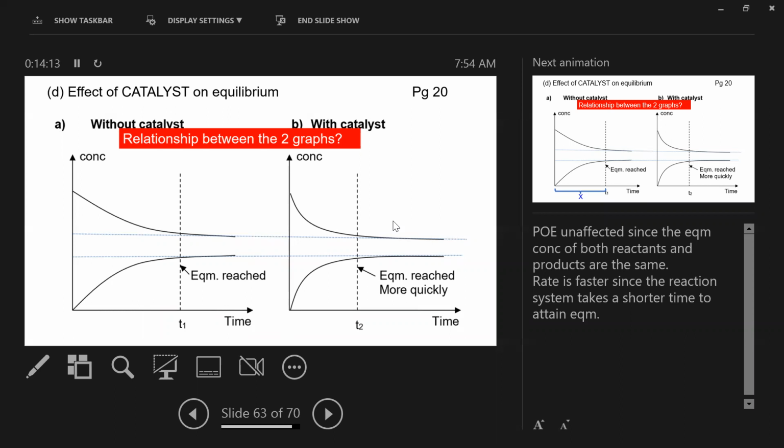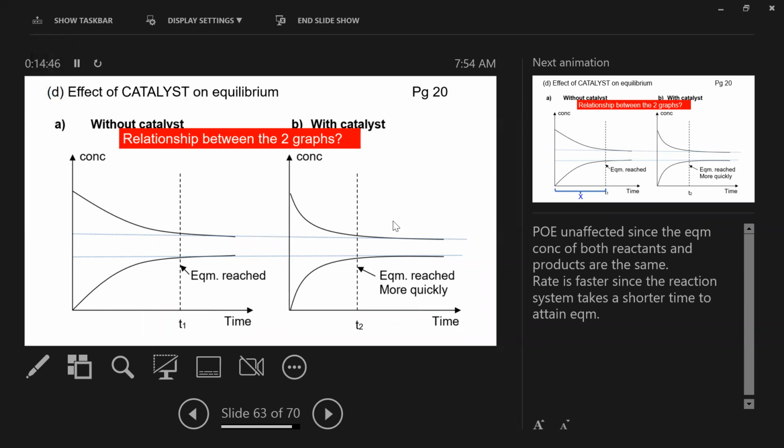Final concentration, or concentration at equilibrium? It's more accurate to talk about it as the concentration at equilibrium. So what about the concentration at dynamic equilibrium? Yes, it's the same.